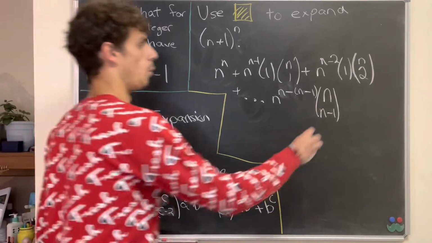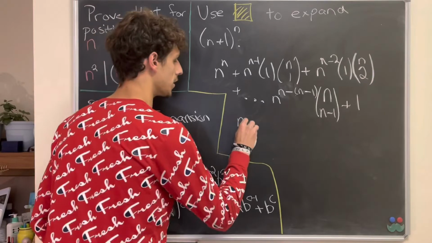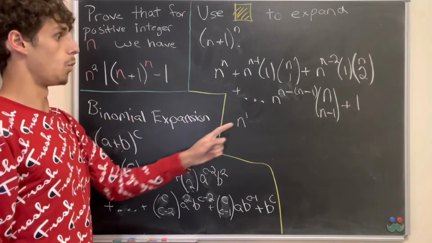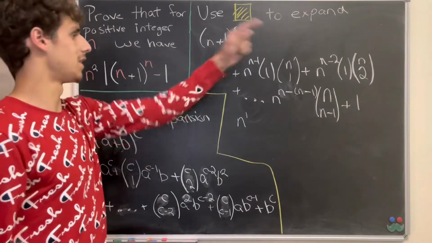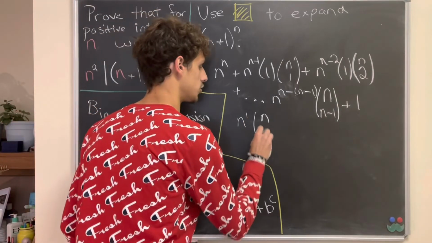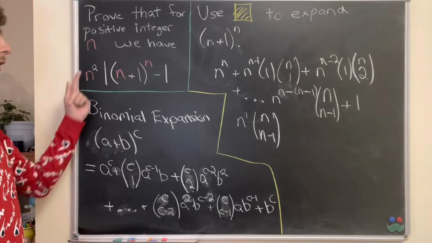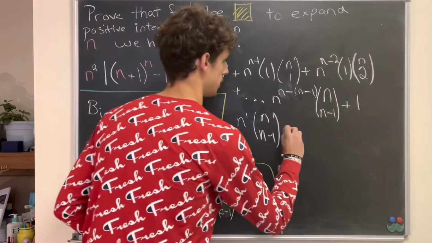But then we'll have 1 here as our last term, which means that we only need to test this term here because that's our n to the 1 power term. Everything else has an n squared inside it. So n to the 1 power times n choose n minus 1 needs to have an n squared inside it, otherwise this doesn't work. So let's test what this might be.